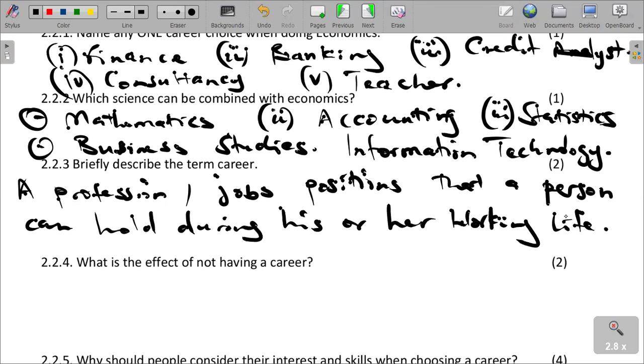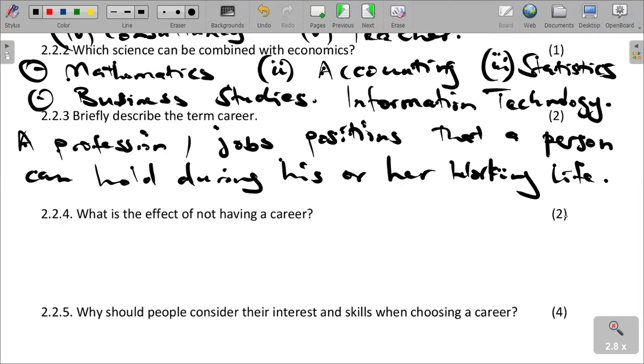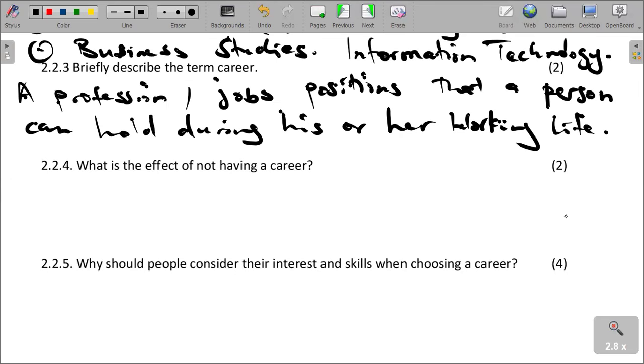At the end of the day, it also defines the remuneration the person can receive, and the form or type of payment is also underpinned within this career thing.